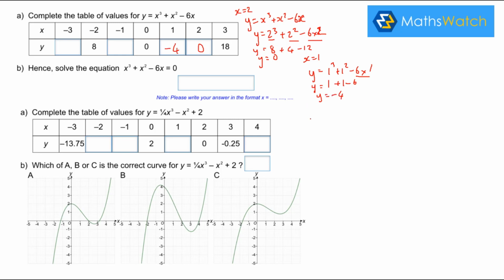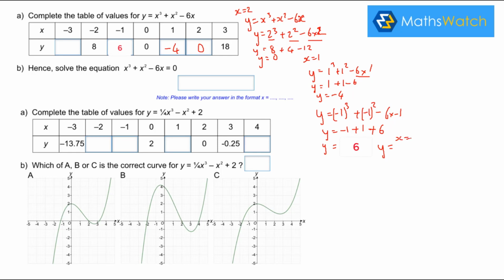So it's minus 1 cubed plus minus 1 squared minus 6 times minus 1. So that's going to be y equals minus 1 plus 1, because you're squaring a negative. Now it says minus 6 times minus 1, but what's a negative times a negative? It's a positive. So that changes that to a plus 6. So minus 1 plus 1 is actually 0, and then plus 6, so y equals 6.